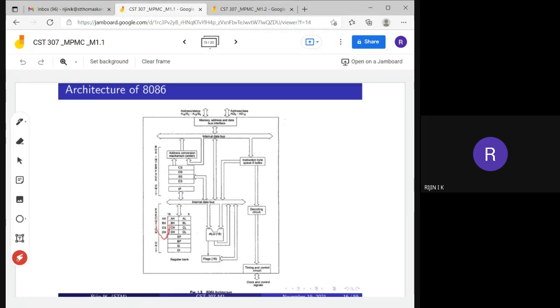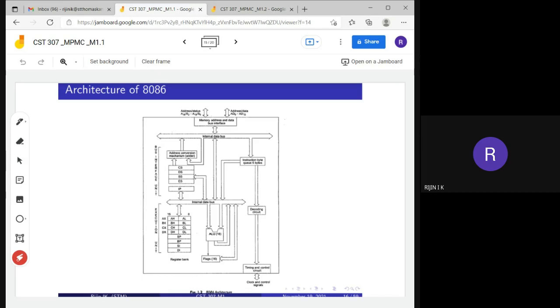So these are the four 16-bit registers available in the 8086 microprocessor. We can divide these 16-bit registers into two 8-bit registers also. That means a register can store either 16-bit data or 8-bit data. Both are possible in the registers of the 8086.